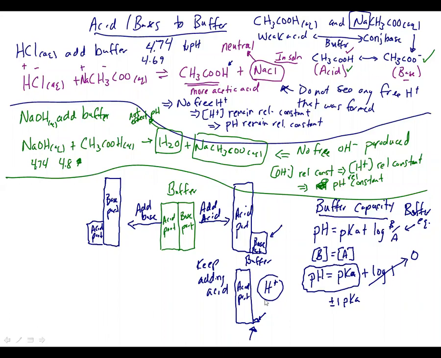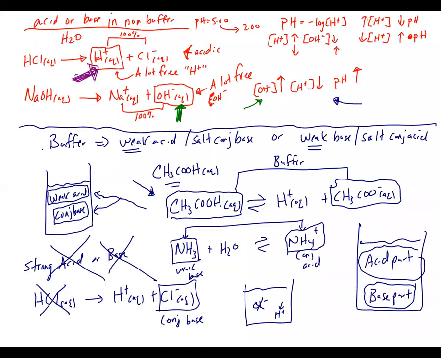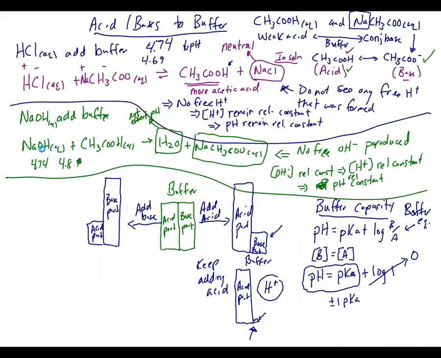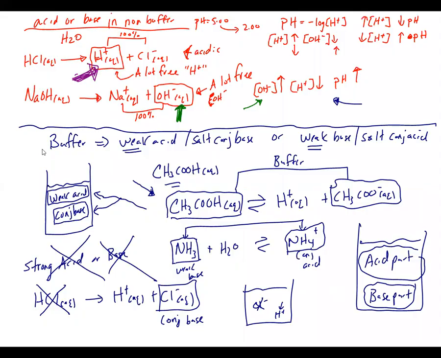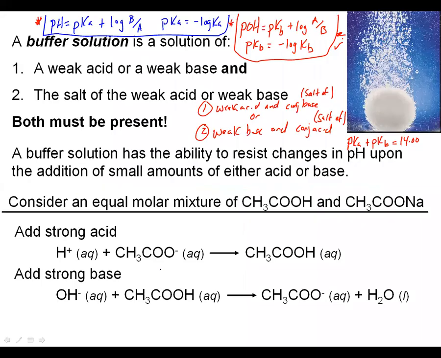Okay, so then let's talk about, calculation-wise, how buffers work. In just a second, we'll get to that. Just to come back to this slide, this is what we were talking about when you add a strong acid to a buffer.